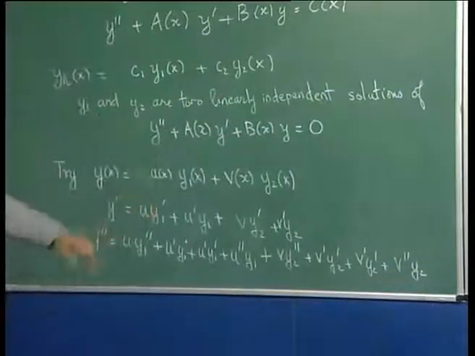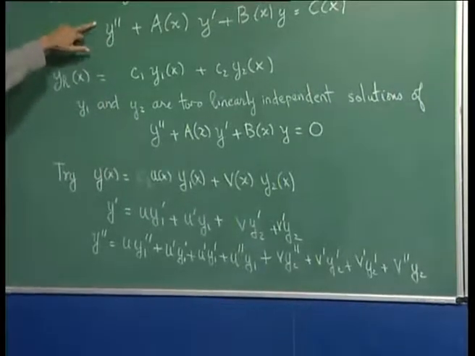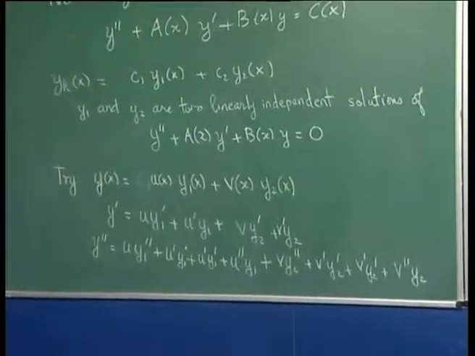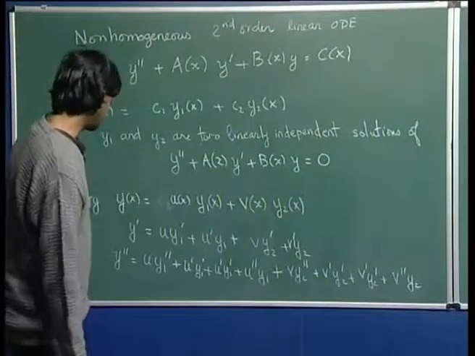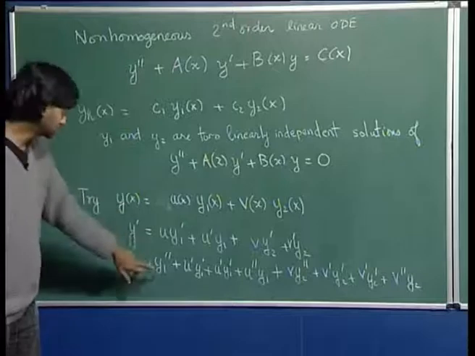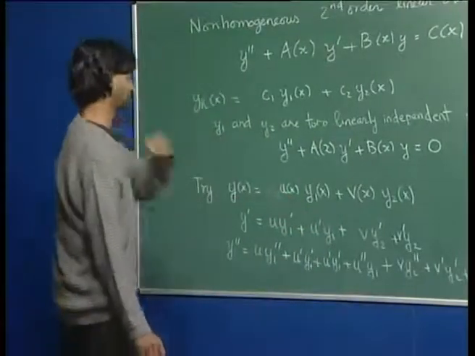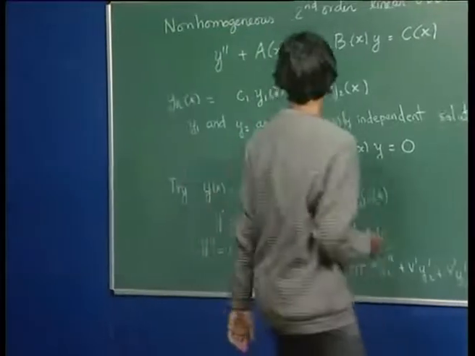Then you substitute these two in this equation. When you do, you will get simplification, because y 1 double prime and y 2 double prime satisfy the homogeneous differential equation. So let us go ahead and do that.